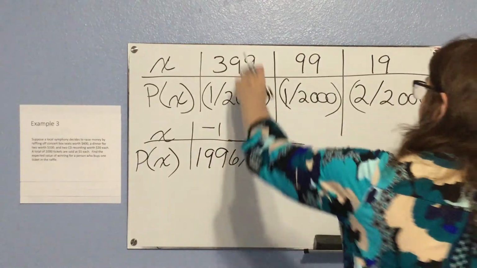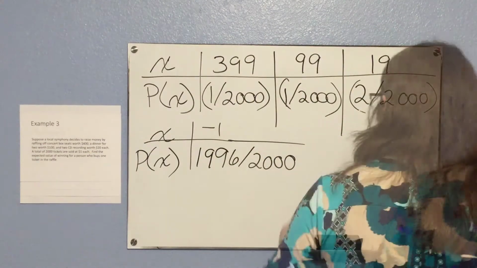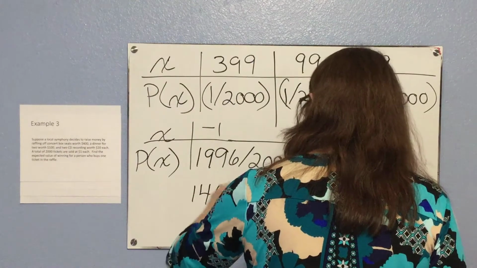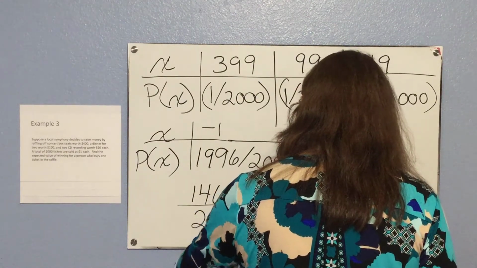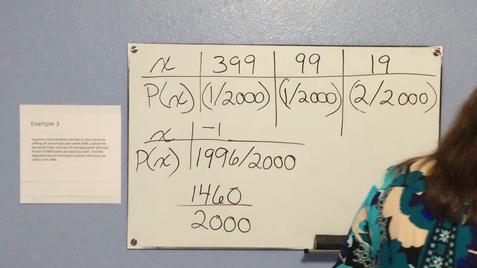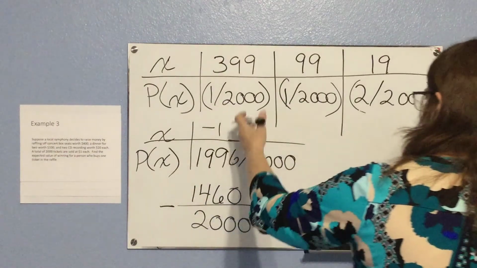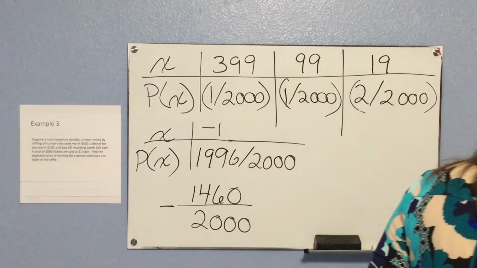So now we're going to multiply this times this times this, and so on. And I end up with 1460 over 2,000. That is negative, because this pretty much dominates my fraction.